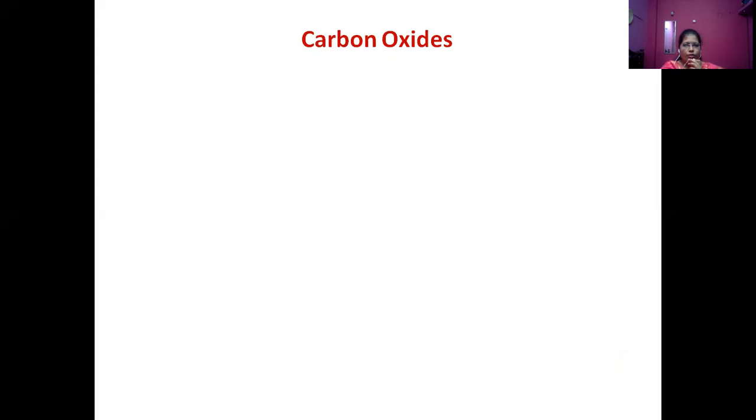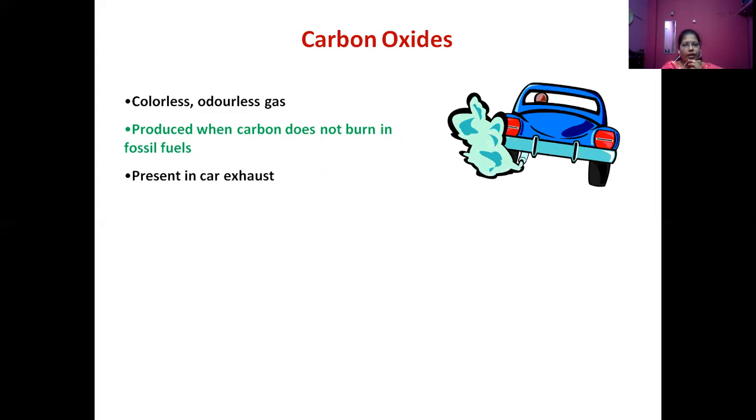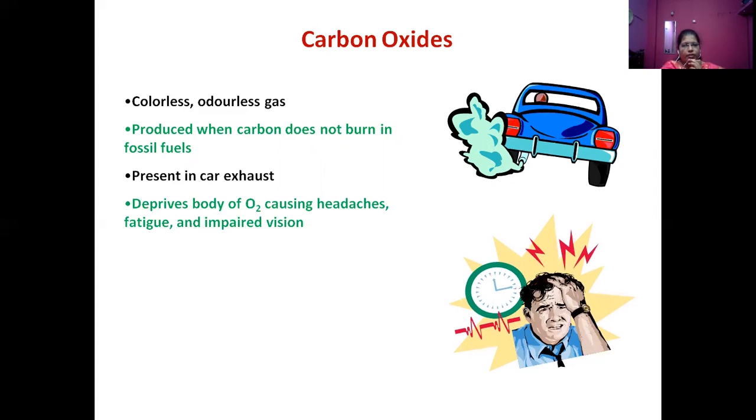Then carbon oxides. These are colorless and odorless gases produced when carbon in fossil fuels does not burn properly, present in car exhaust, which can deplete the body of O2, causing headaches, fatigue, and impaired vision.